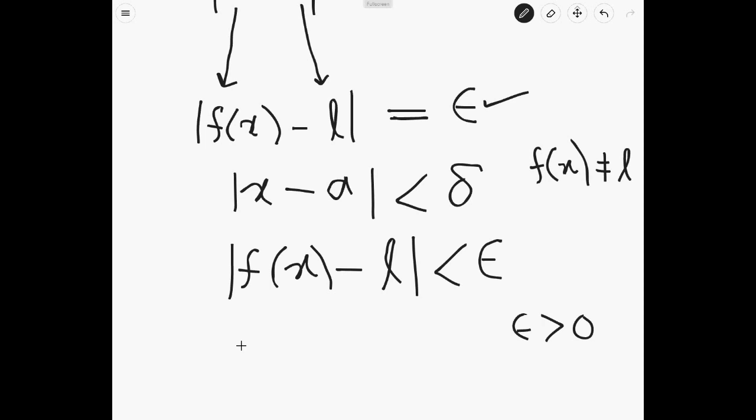Now I will speak the definition in general language. Let a be a real number.